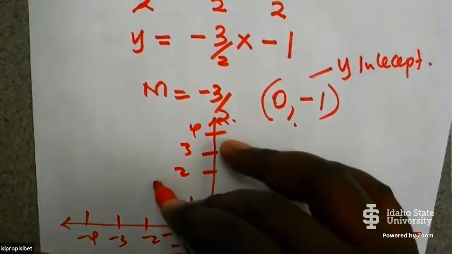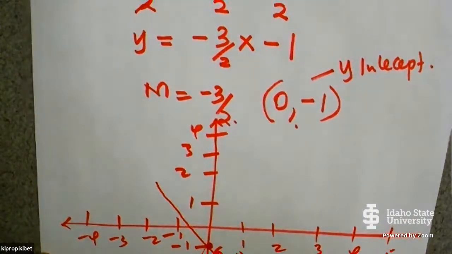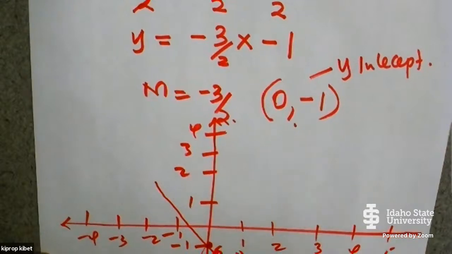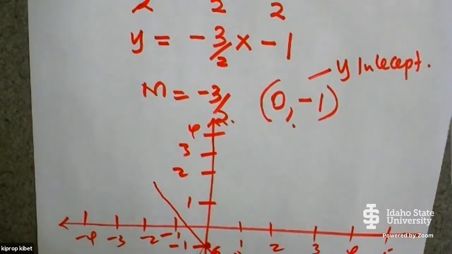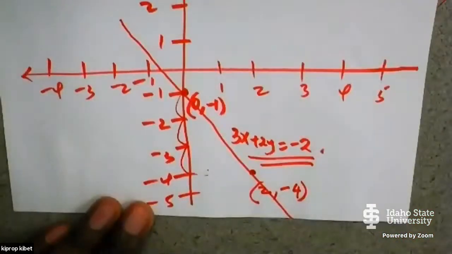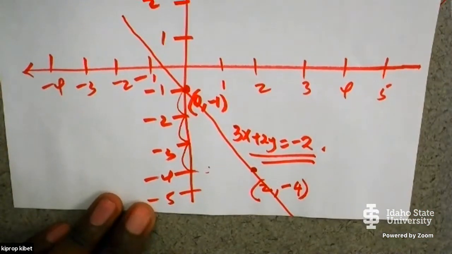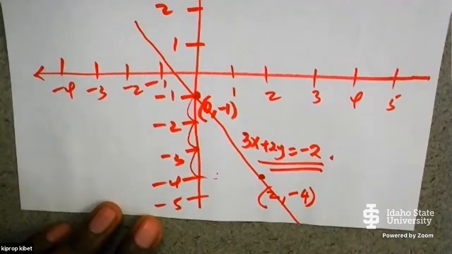Then we draw a line. So this is our graph, which is 3x plus 2y equals -2.